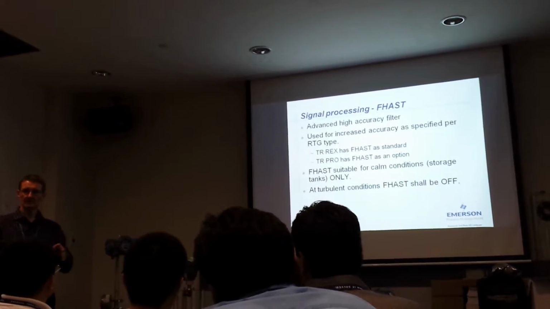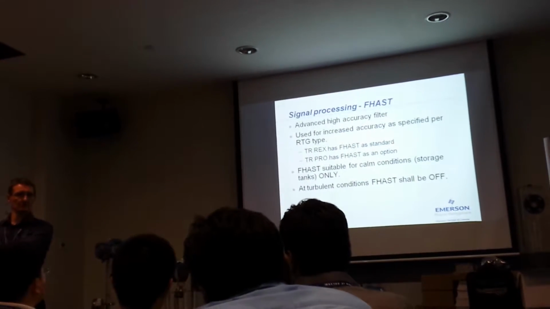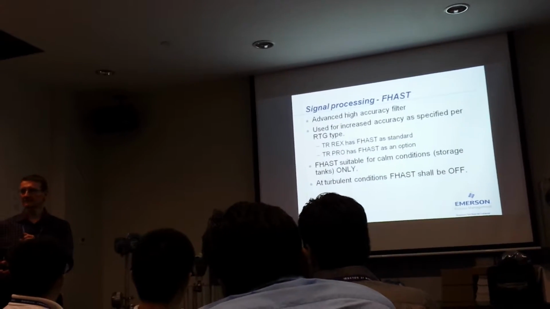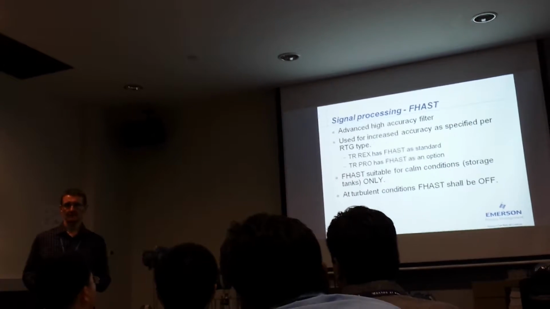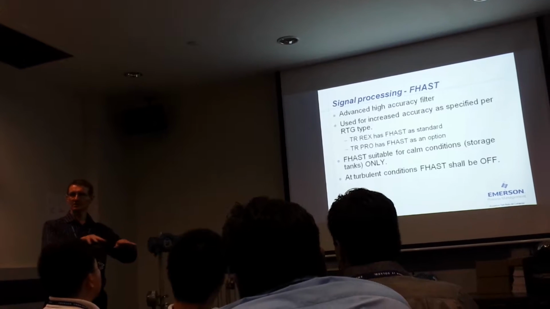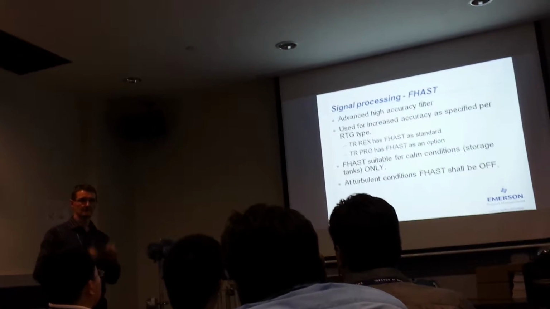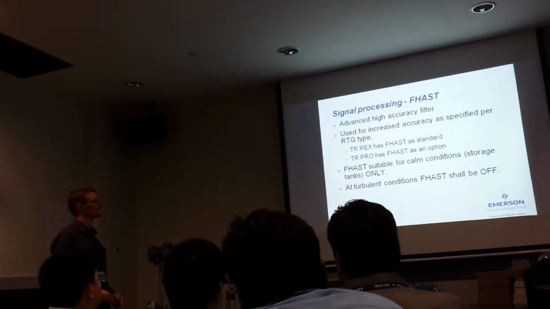If you have waves, it goes like this. So it's no use to try to look for the level within 0.5 millimeter. So then we use only basic FFT. And when the conditions are stable again, then we can focus more. So it's automatic, it's nothing you have to think about. But this is how it works.